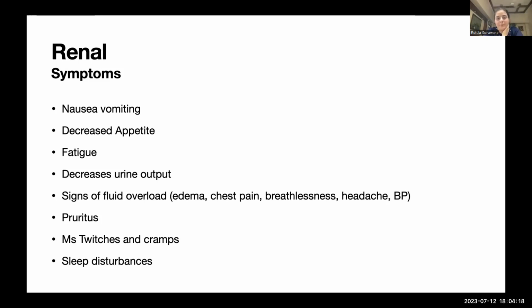For decreased appetite, anything specific that you can think of? Would you give an appetite stimulant in this patient? Let's go in that way. Would you want to give an appetite stimulant in this patient? So you can give an appetite stimulant. It may or may not have any effect on the patient.